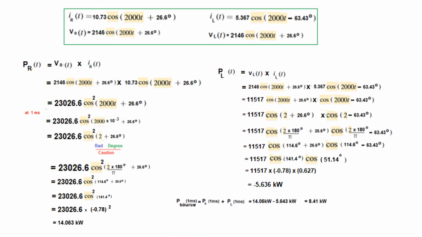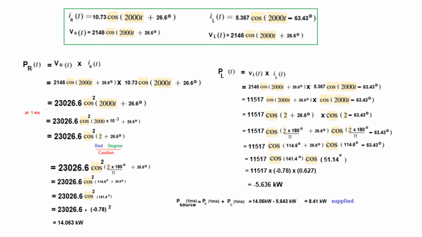Now we have got the 2 powers, therefore the total power, or the power by the source, is the sum of the 2: 14.6 from here plus minus 5.63 from here. So this is 8.41 kilowatts, the power supplied by the source.